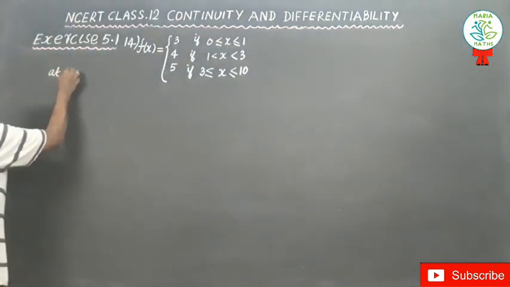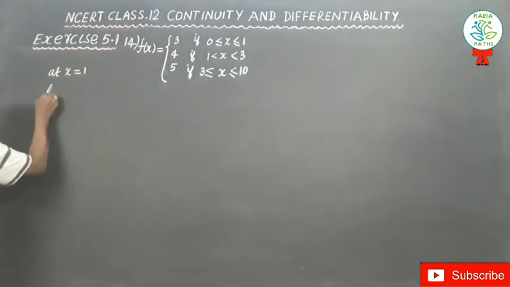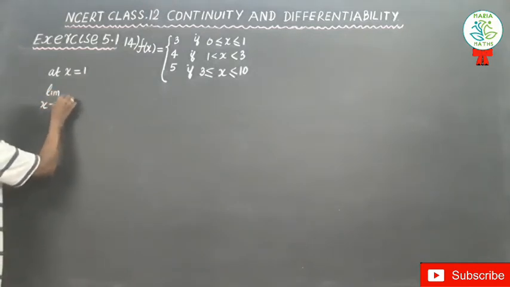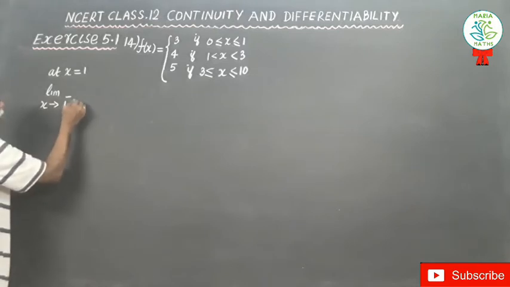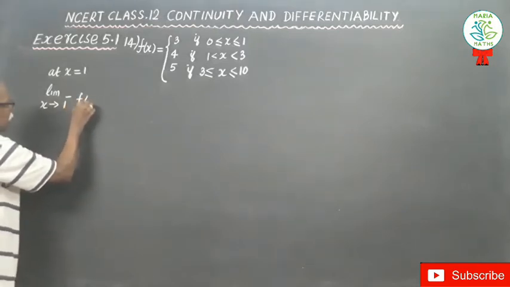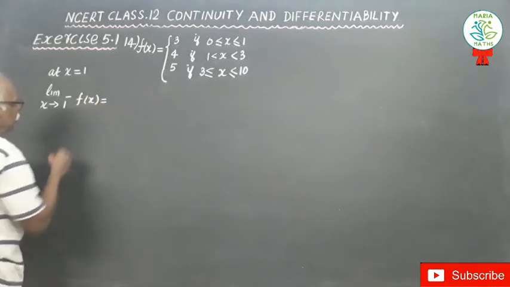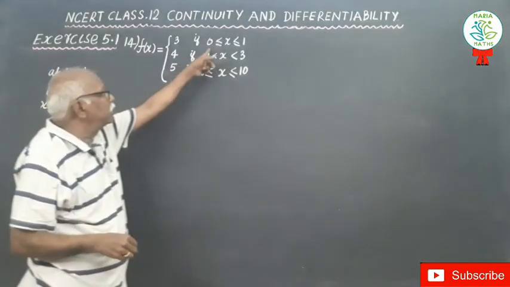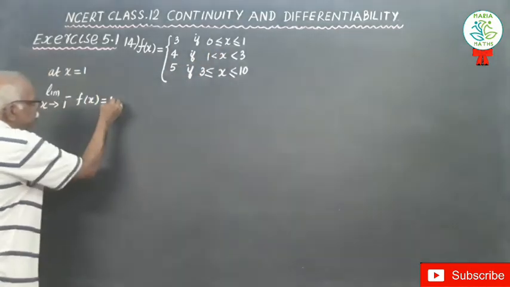At x is equal to 1, limit x tends to 1 minus f of x is equal to 3, given.